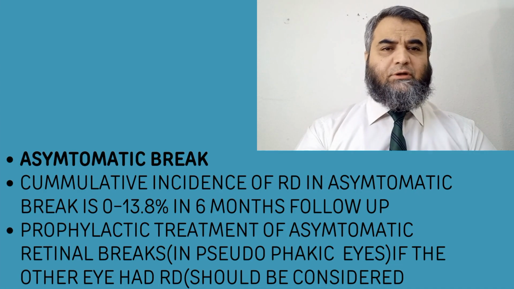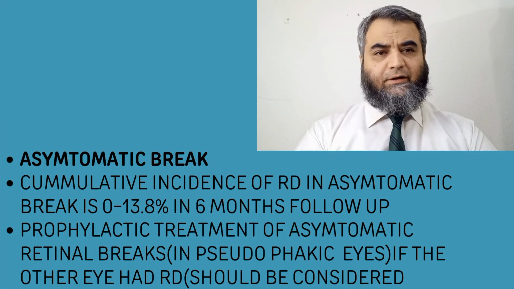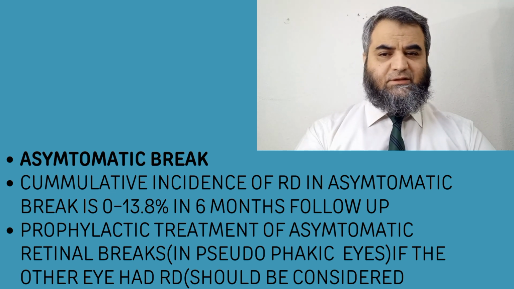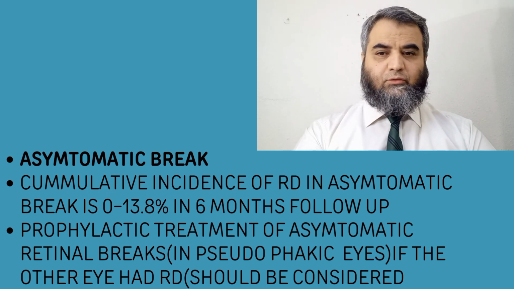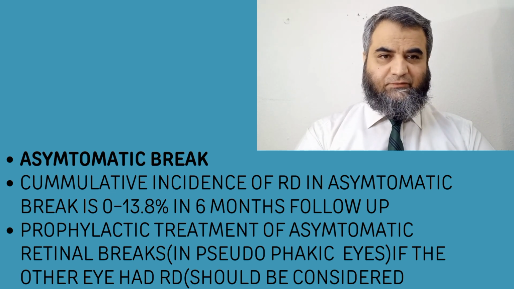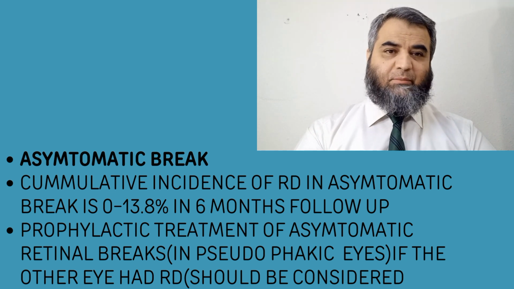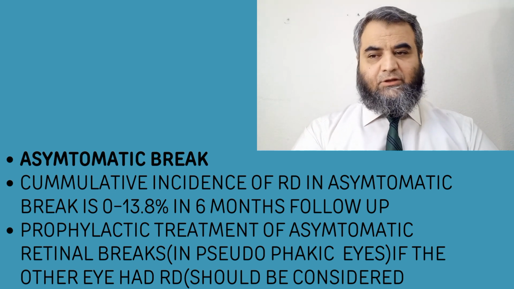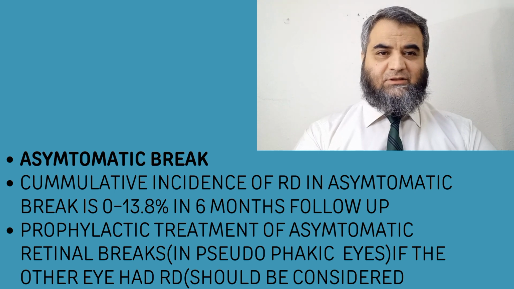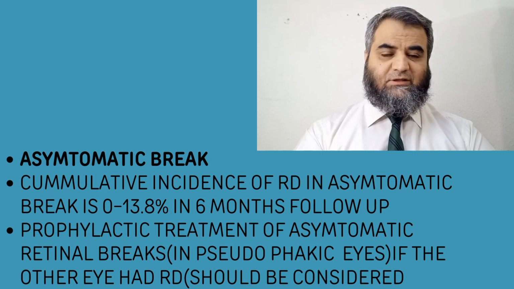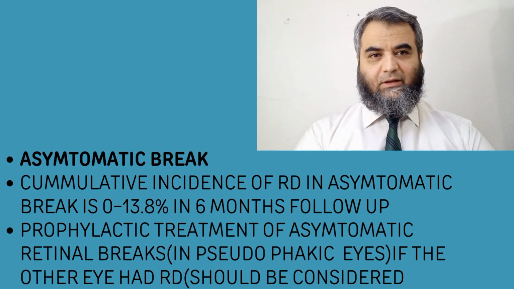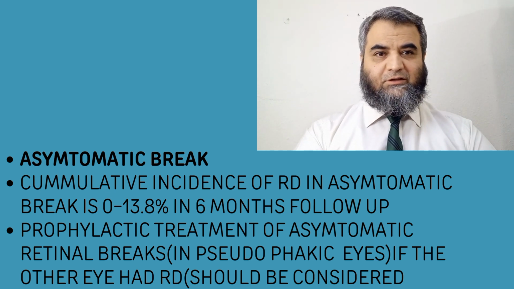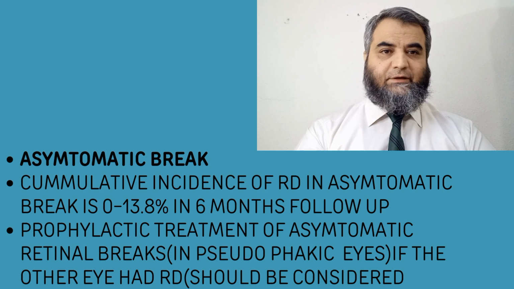If we talk about the cumulative incidence of RD in asymptomatic retinal breaks, different studies have been conducted, and it has been shown to be 6 to 13.8% in 6 months follow-up in those studies, which I will mention in detail at the end. So if one eye has got a retinal detachment and the other eye is having retinal breaks, and it is a pseudophakic eye, prophylactic laser of those retinal breaks should be considered.